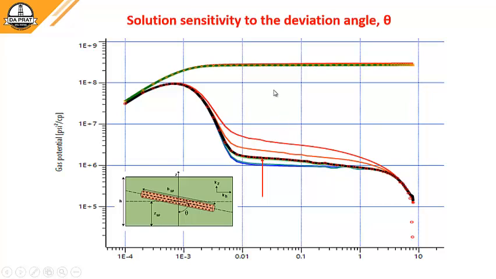So here I put, for comparison, the effect of this deviation angle. One effect is that if you're not aware of that, you may end up saying that this is radial flow for the formation, which you can see here is a transition. It's not radial flow.